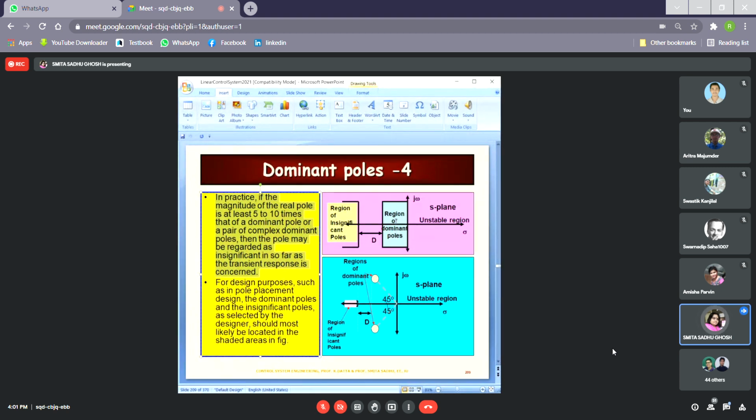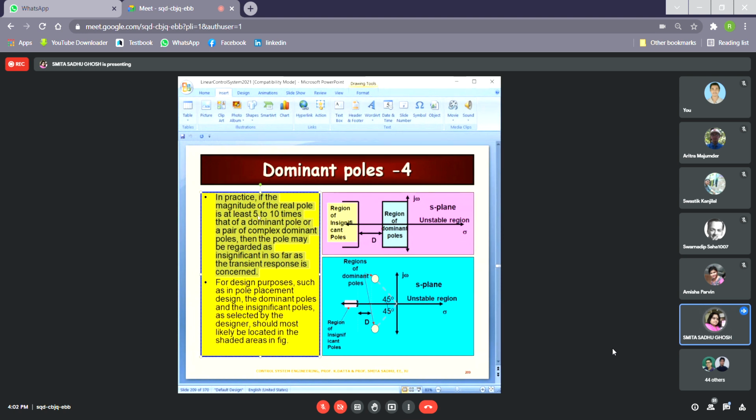So if the dominant poles are at, say, -0.1 ± j2, then a pole at -1 is 10 times farther away and can be considered an insignificant pole. On the other hand, if we have the complex conjugate pole pair at say -0.9 ± j something, then a pole at -1 cannot be considered insignificant. That also will be a dominant pole.